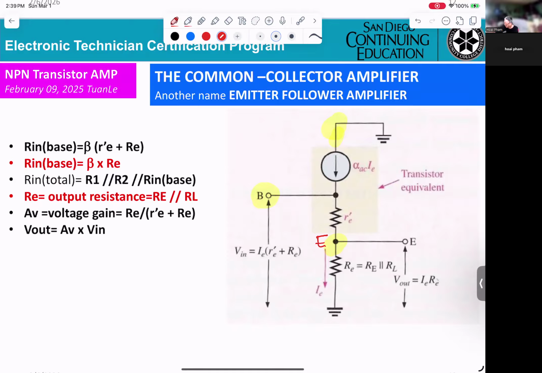Okay. Let's see. RE. That means output impedance.